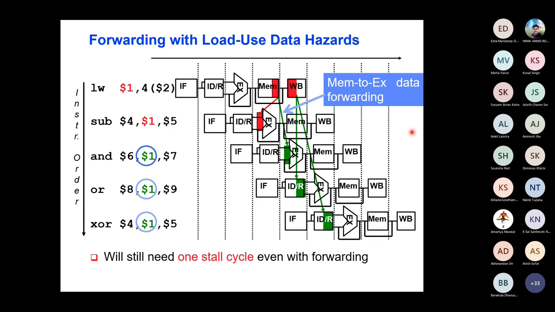There should be an order between the demand and supply, right? If the demand follows in time, if the demand appears after supply, then it is possible by doing some extra hardware. Otherwise, it is not possible. So in this example, in the subsequent instruction, the stall is inevitable.